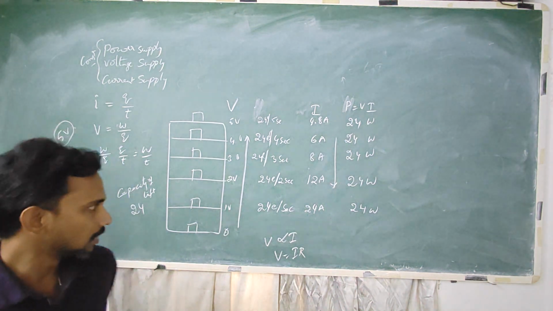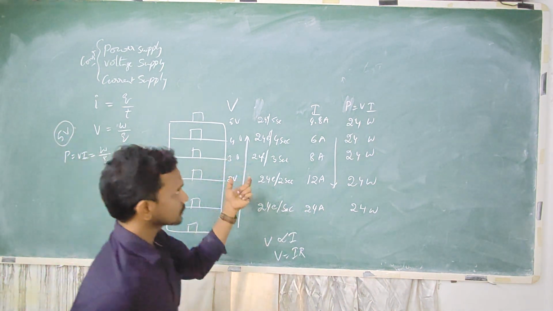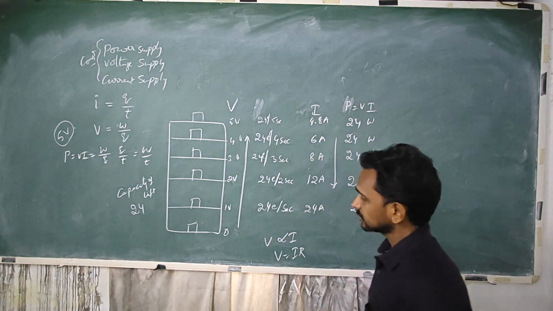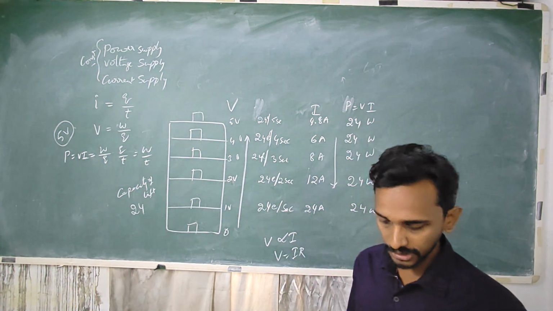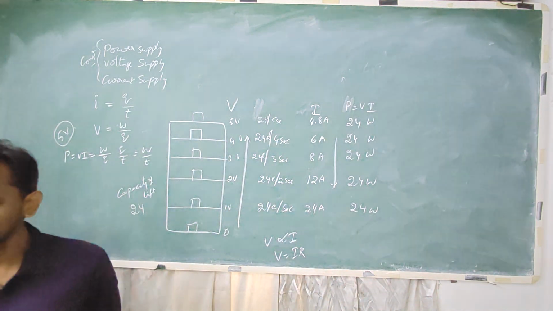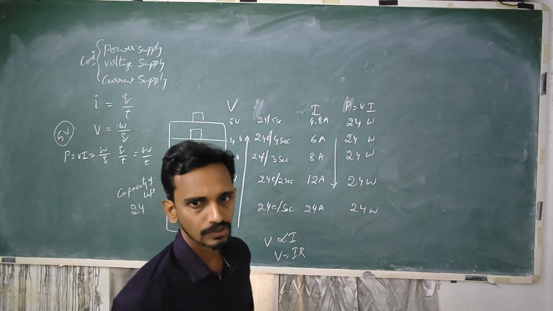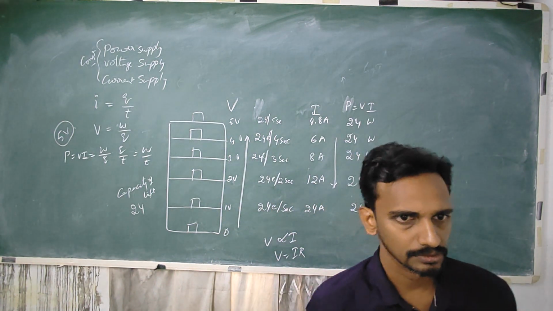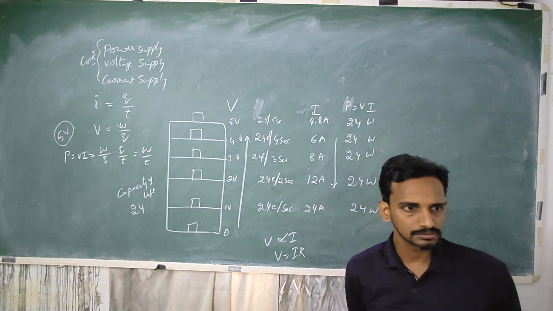So this is called constant power supply. So here what is happening? In this story, what is the independent parameter and what is the dependent parameter? Voltage and current. What is depending on the other one? Current is dependent on voltage.